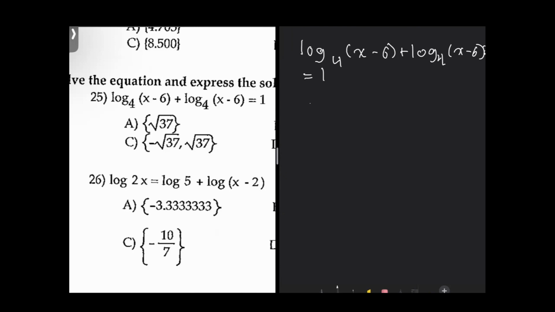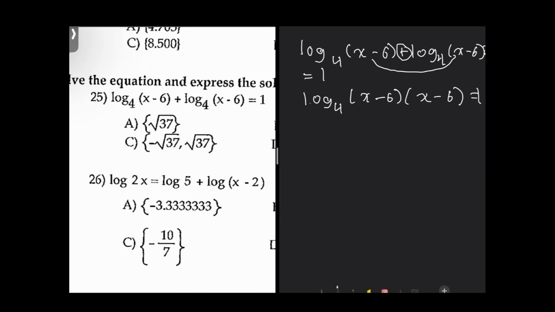So when we have addition, what property can we use when we have logarithms? We can use the product rule. With addition, when the logarithms have the same base, we can multiply these two, which will give log base 4 of x minus 6 times x minus 6 equals 1.